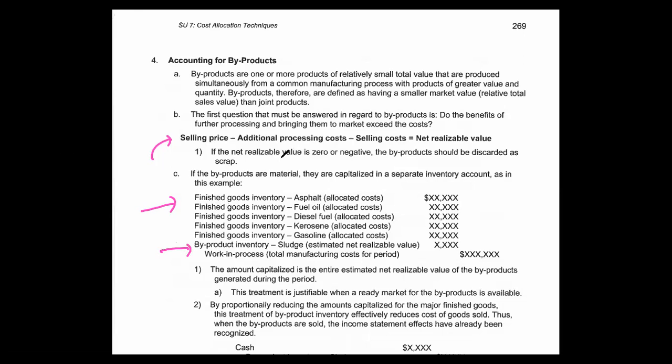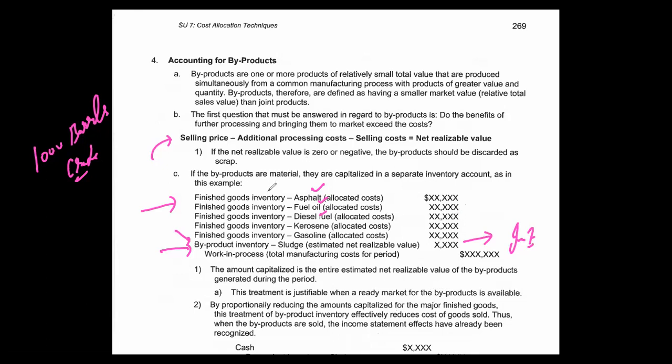Like in this example, we are just continuing from the game book. In this one they put 1000 barrels of crude oil into the refining process, and as a result they got different products, and with these different products they got the byproduct at the same time. This byproduct we record as normal inventory when we have a reasonable estimate about the net realizable value.